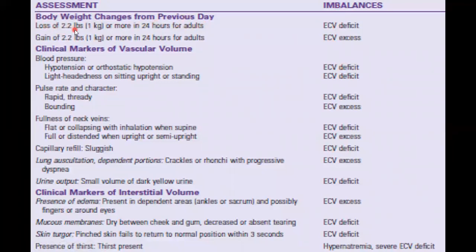Let's say loss of 1 kilogram or more in 24 hours. It means the patient has developed a deficit of 1 liter of water actually. Patient gains 1 kilogram, it means a patient has developed an excess. So in your own time, you can take time to look at this particular table, which is in your notes that have already been given to you.